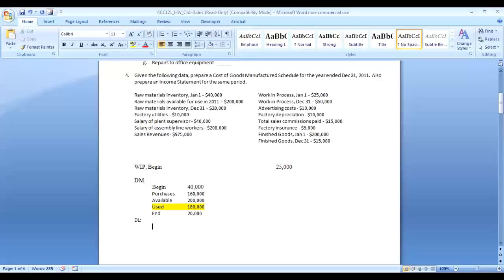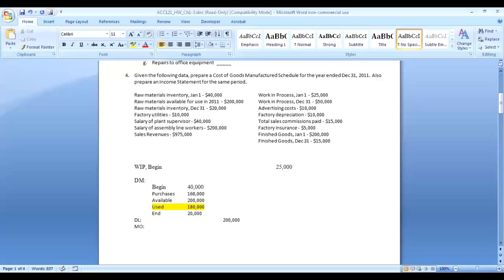What costs do we see that are direct labor? Salary of plant supervisor, is that direct labor? No. How about salary of assembly line workers? Yes. So my direct labor is 200,000 just from the assembly line workers.